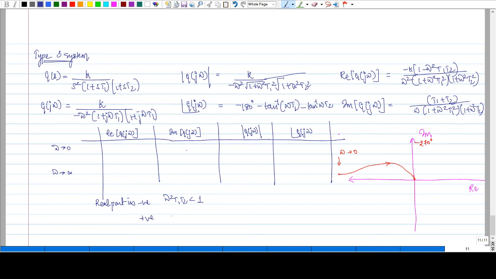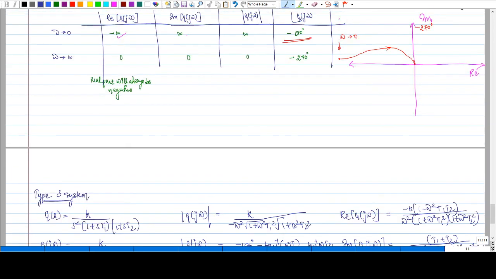It will be positive when omega square t1 t2 is greater than 1. And coming to the imaginary part, it is always positive. So with this, the polar plot will remain in the first and second quadrant only.